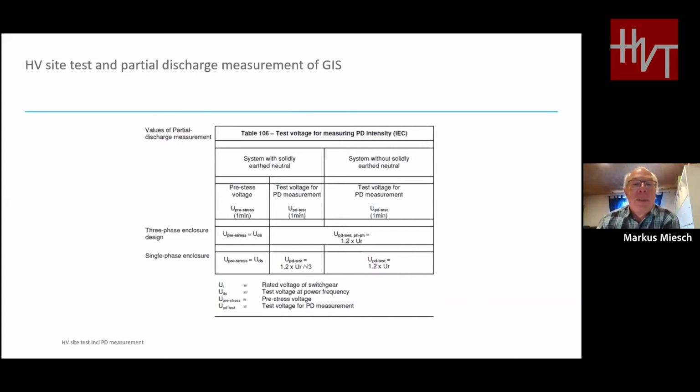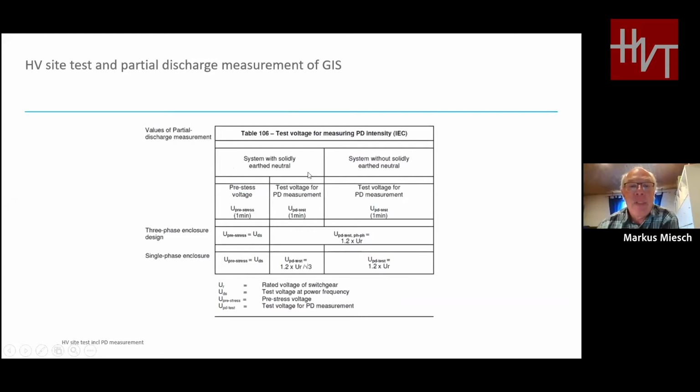Partial discharge measurement. There is a list here also in the IEC standard for systems with solidly earthed neutral and a list for systems without solidly earthed neutral. PD has to be measured on a GIS without solidly earthed system neutral at 1.2 times UR, in case of a three-phase enclosed design, and in case of a single-phase enclosed design, also at 1.2 times UR.